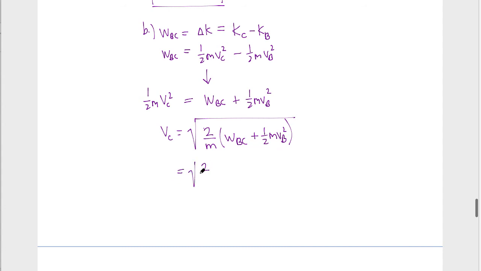So this is going to be 2 over 1.5 kilograms times my negative 0.75 joules plus 1/2 times 1.5 times my velocity at B, which was 1.25 meters per second, squared, and then square root all of that. So putting this into my calculator, I'm going to get the value for Vc to be a nice round 0.75 meters per second.